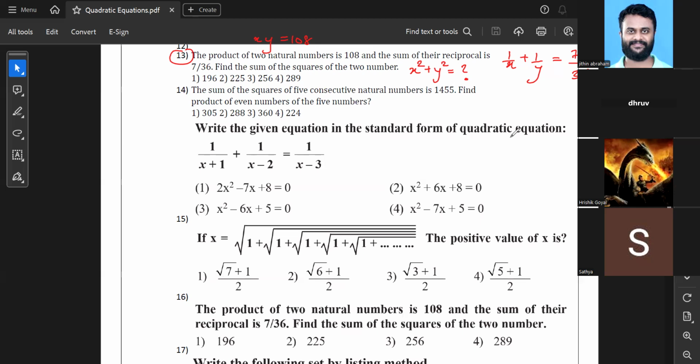Absolutely. Very good. So, in order to solve this problem, I've got two ideas. The first idea is I'll write y as 108 upon x and substitute it over here.